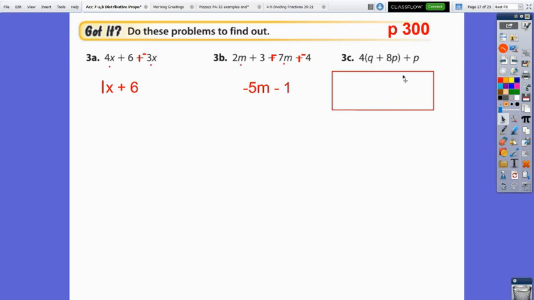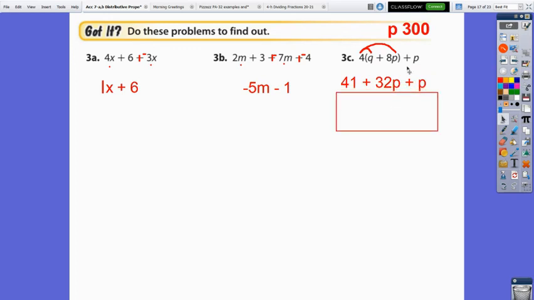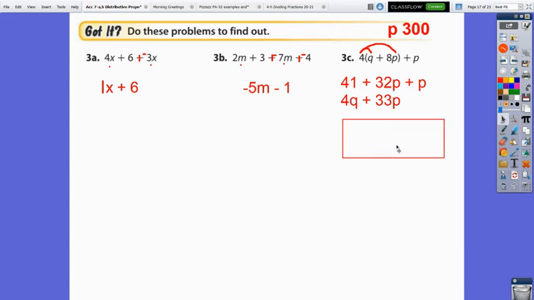Distributive property first gives me, do a little rainbow action, 4 times q, and 4 times 8p is 4q plus 32p. And the plus p over here is still there. We didn't do anything with it yet. And now, after we get rid of the parentheses, we can combine like terms to 4q plus 33p.